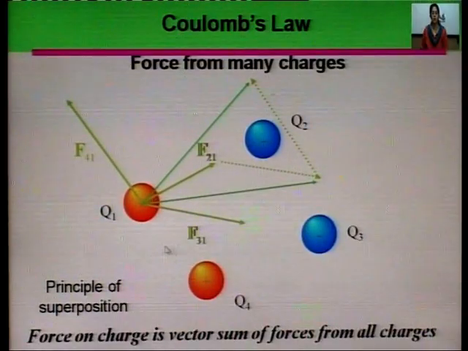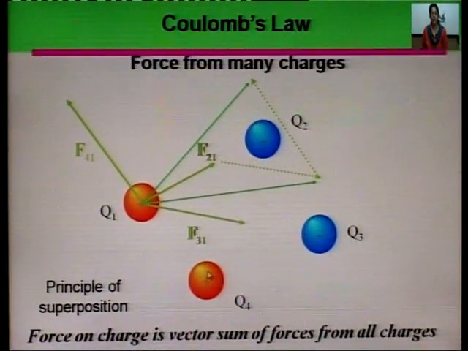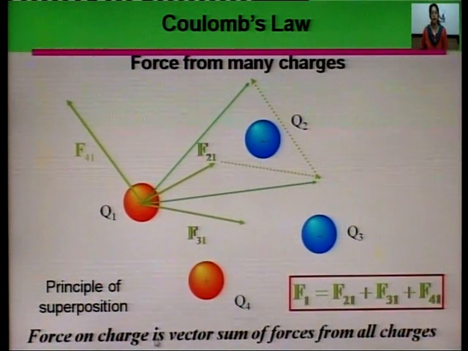So for q1, the force due to q2 is F21, the force due to q3 is F31, and the force due to q4 is F41, and the resultant will be F1, the total force. This will be the vector sum of the forces due to all the charges, that is F21 plus F31 plus F41.